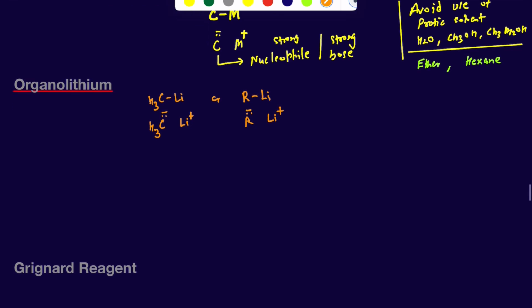So how do I really make it? One of the common ways of making this organolithium is to use some sort of alkyl halide. Let's say I use RBr here, and then I use two equivalents of lithium. What lithium is really doing in here is acting as a source of electrons. So it loses the electron, or another way of saying it, it undergoes an oxidation.